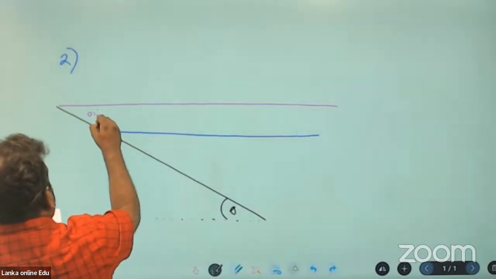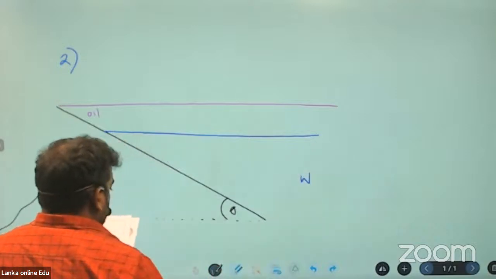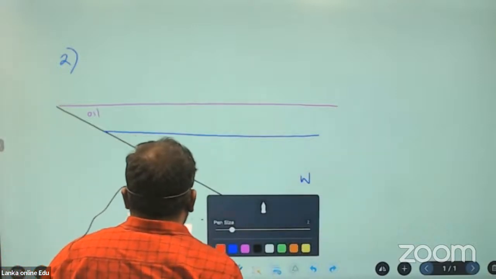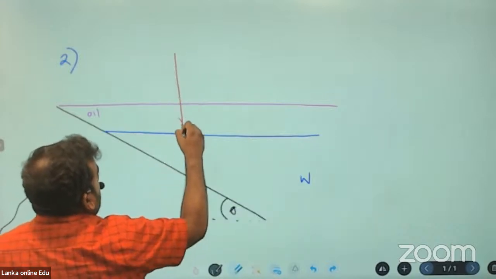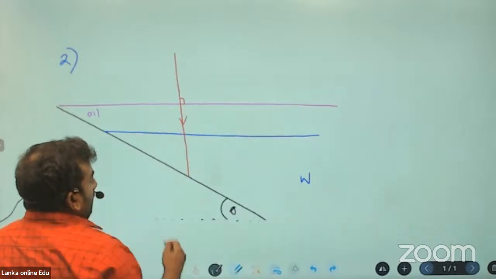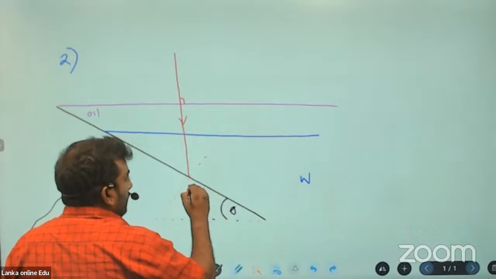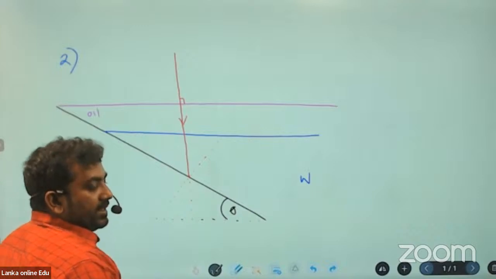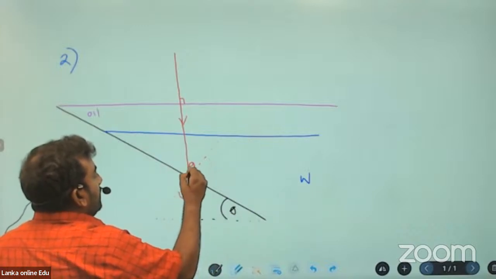So what's happening? A light ray comes directly in. I'll draw the normal here. Using your mechanics knowledge, you can easily say theta here means theta there.